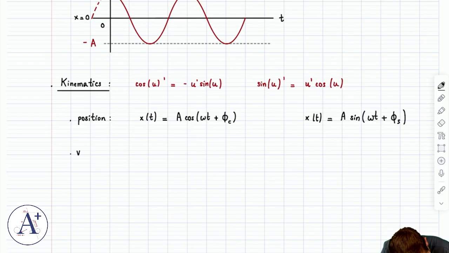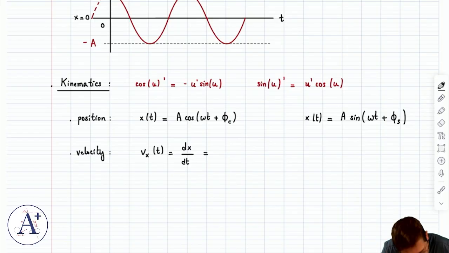All right, well, velocity is the derivative of position. It's dx dt, right? And the derivative of cosine of u is minus u prime sine u. So I'm going to get minus A. U prime is going to be omega sine of omega t plus phi sub c.